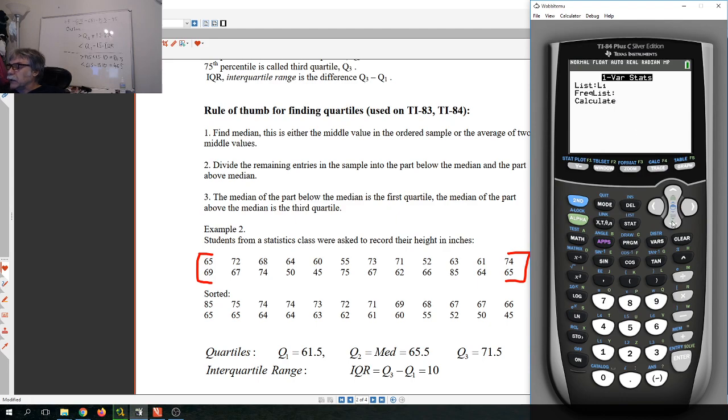I don't need that here. I wrote everything once. There are some pieces of data like 74 you can see here twice, and 64 twice, and so on, but I just put all of that in. So now you calculate.